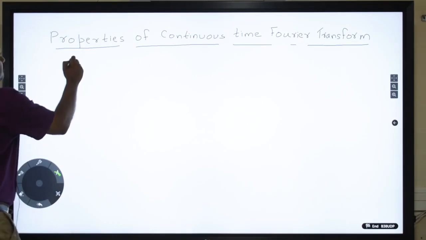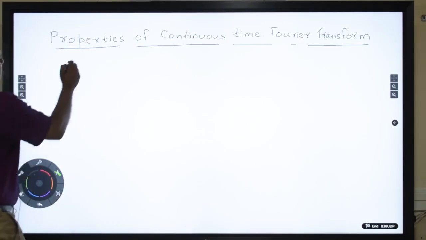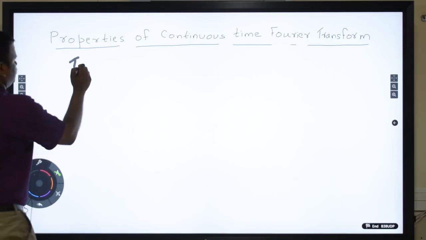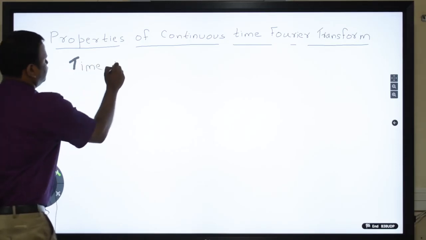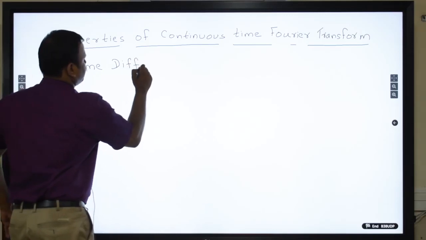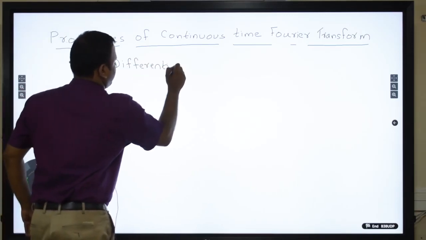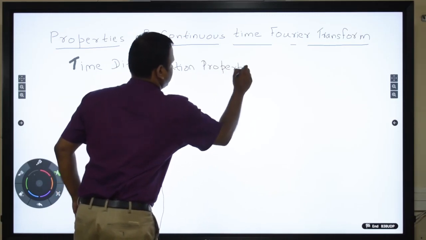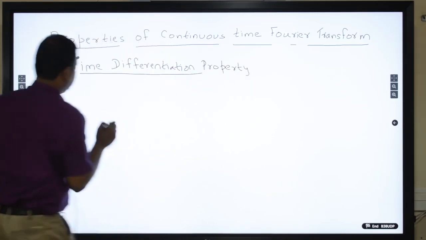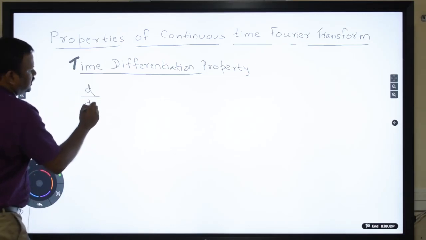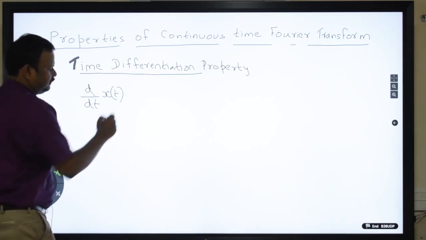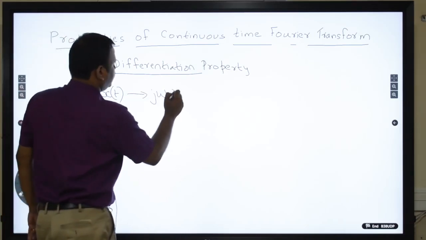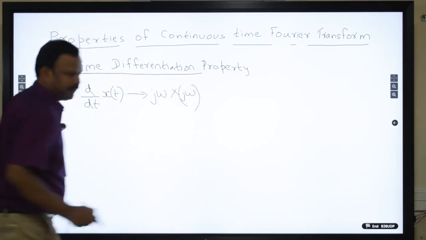Next, we have the time differentiation property. So, the time differentiation property says that if I am differentiating the time domain signal x of t, that becomes j omega into X of j omega in the frequency domain.